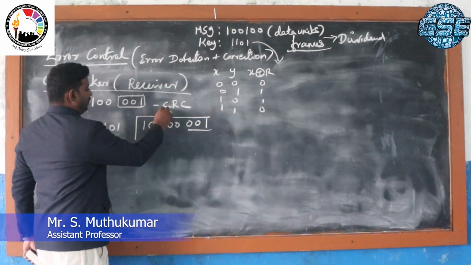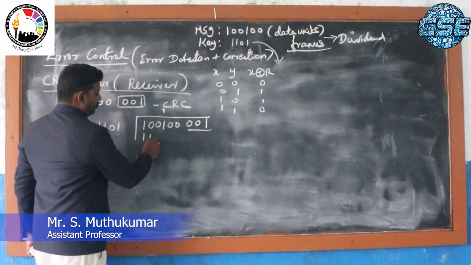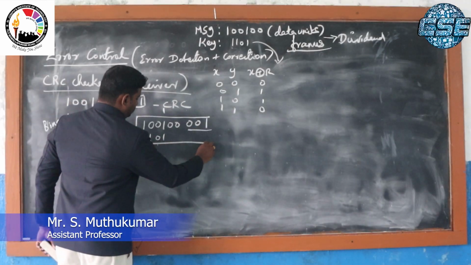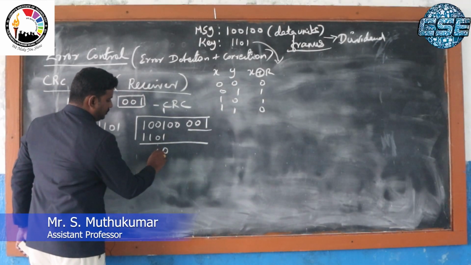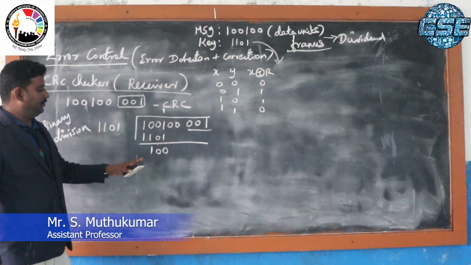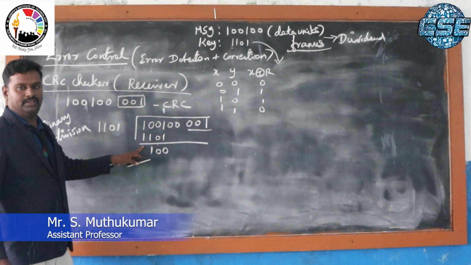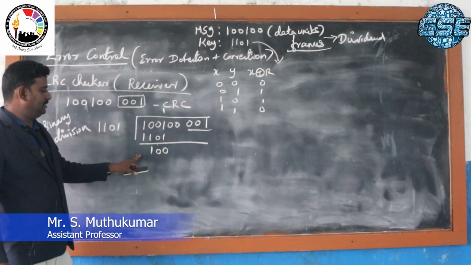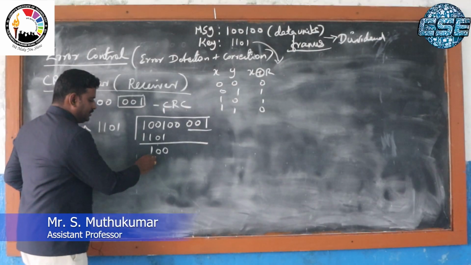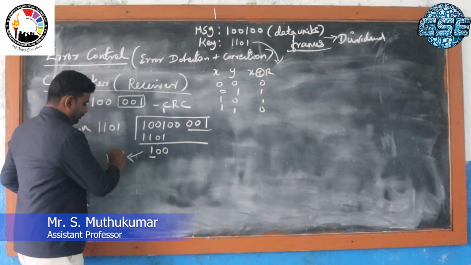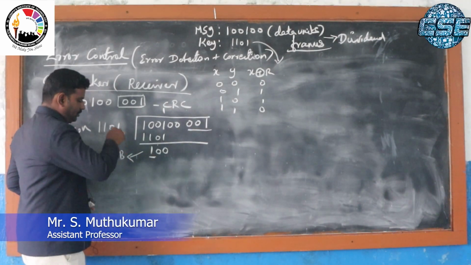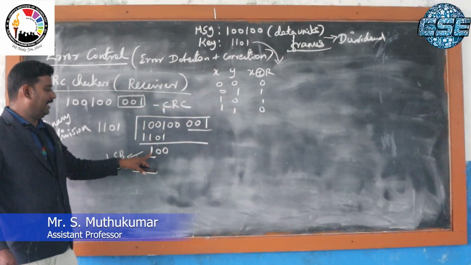Okay, start the binary division. 1 into 1 0 1, 0 0 1. We should not bother about the least significant bit of this. In this example, this is the LSB.